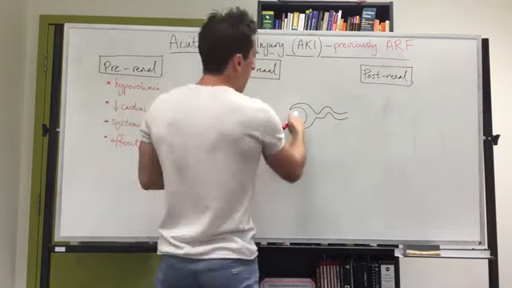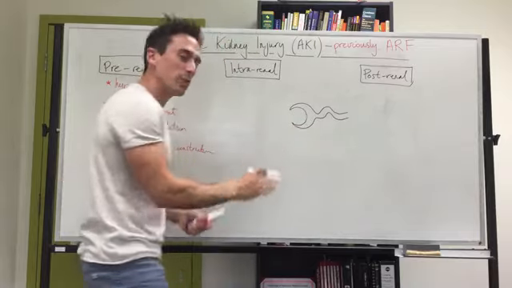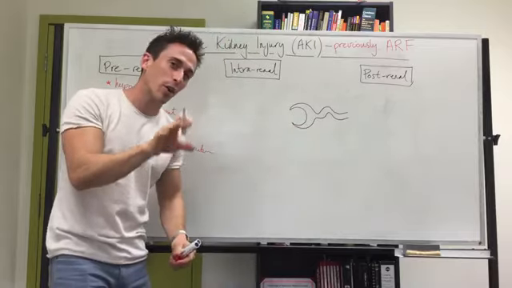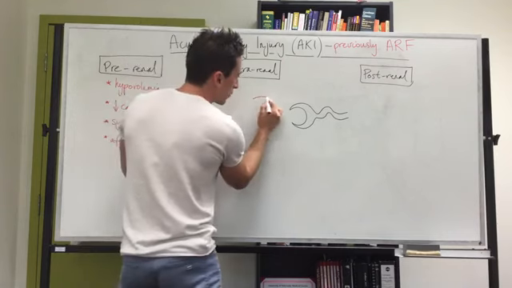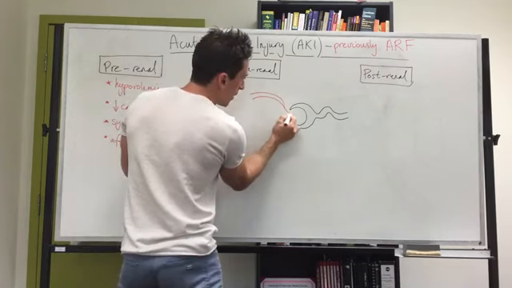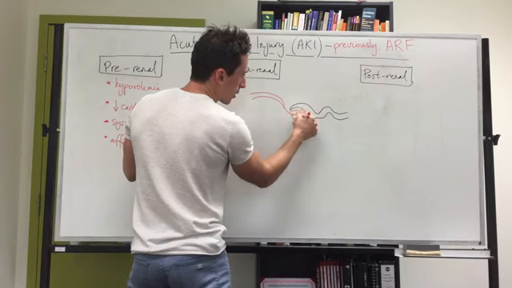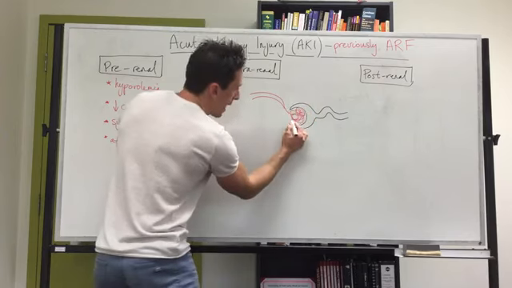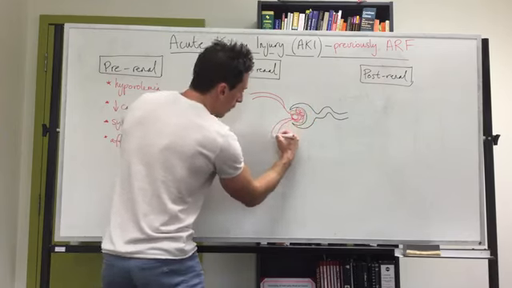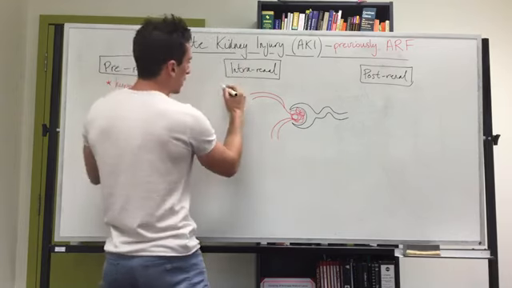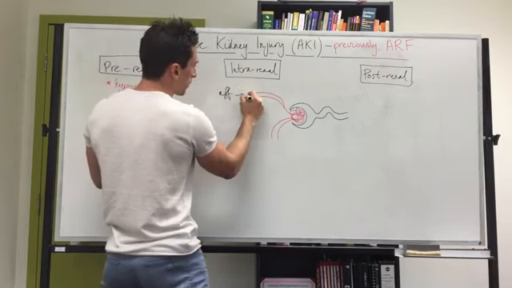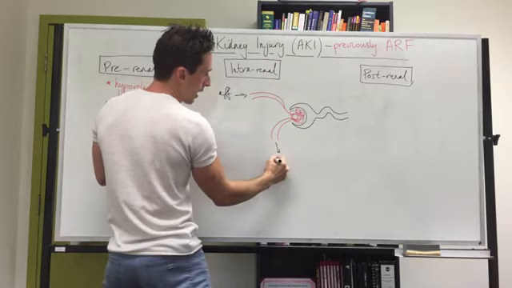Yeah? Okay, so here's the nephron. Remember, you have an afferent arteriole coming to the nephron. So this is a blood vessel coming to the nephron, and then you've got the glomerular capillaries here, and then you've got the efferent arteriole coming away. So afferent coming in, efferent coming out.